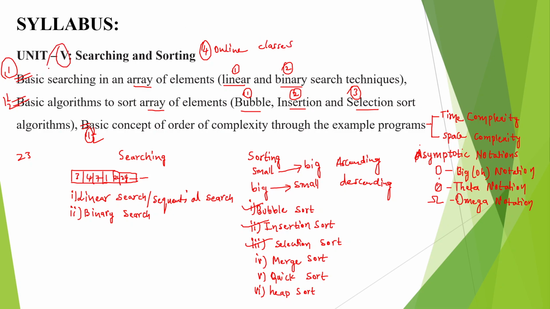Hopefully you understood. In the fifth unit we will cover searching algorithms, sorting algorithms, and order of complexity. I'm concluding today's session, and more detail about this fifth unit we'll discuss in tomorrow's session.